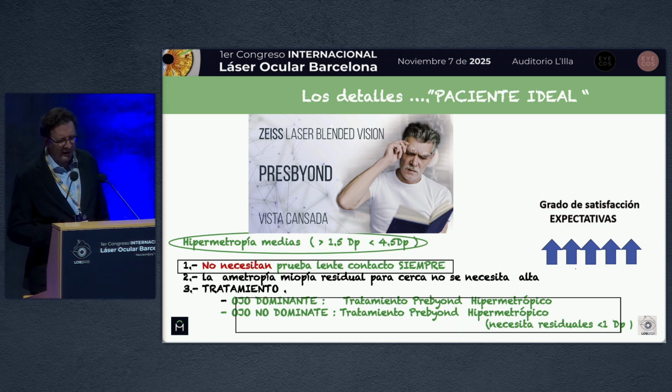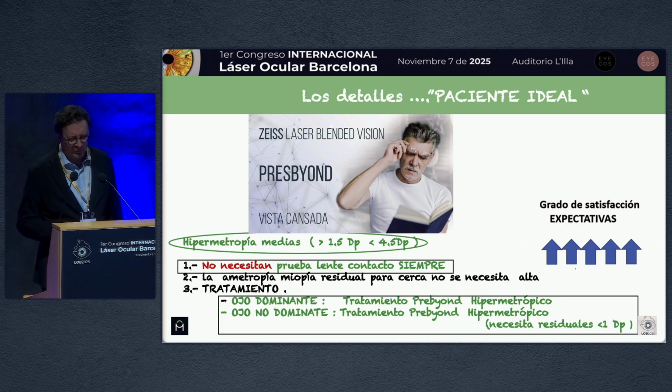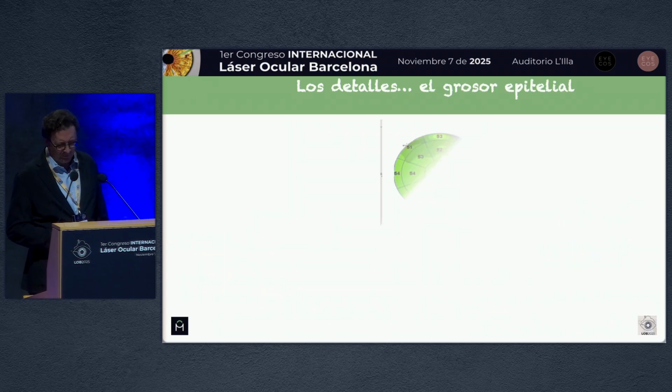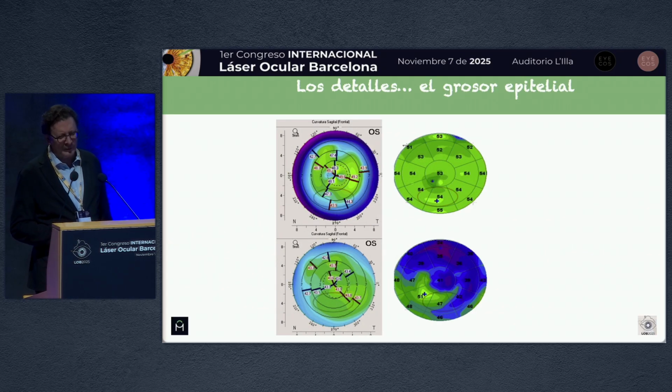You don't need to do the contact lens test. Here, the residual need is lower, never more than 125. I think it's not necessary. So epithelial thickness is very important. Sometimes we think that what matters is the keratometric change. No, we need thin epithelia to elevate the cornea, otherwise we don't want epitheliitis.